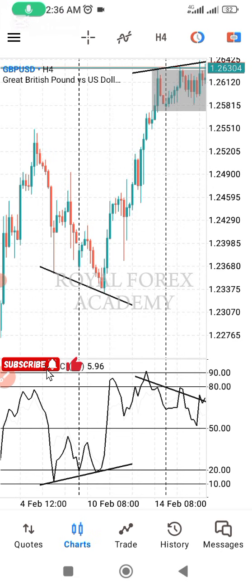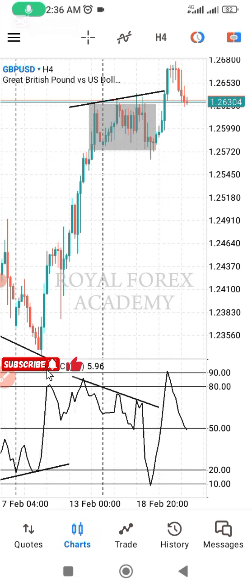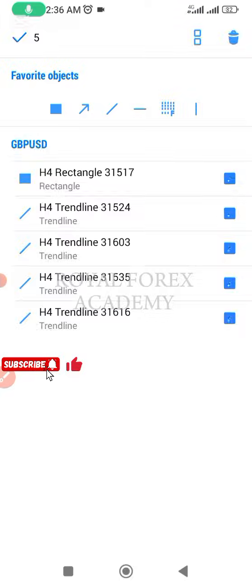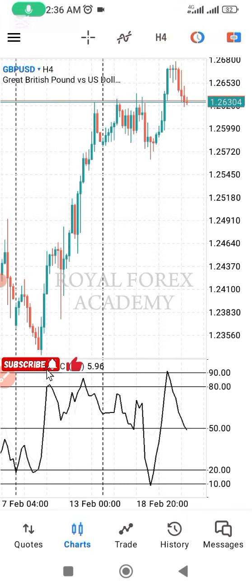So now we've talked about what divergence is, and secondly we have discussed how to identify divergence. Having done all of this, the second thing we need to do is, how do we trade divergence, and what time frame do we trade divergence?